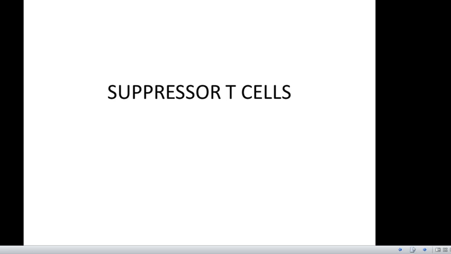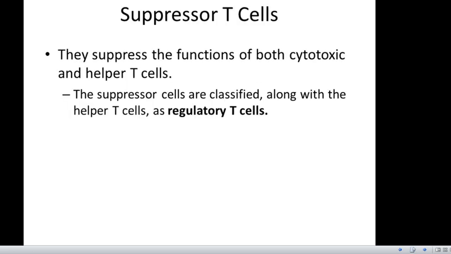The suppressor T cells. The suppressor T cells can suppress the functions of both cytotoxic and helper T cells, and therefore the suppressor cells are classified along with the helper T cells as regulatory T cells.